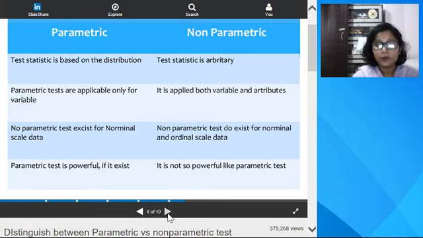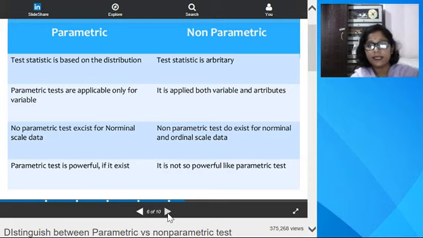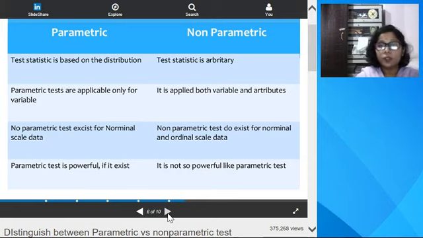That means when the distribution of data are related to interval scale and ratio scale, then parametric tests are used. But non-parametric tests are used when the data are in nominal scale, which refers to classification of data, and in ordinal scale, which refers to ranking.